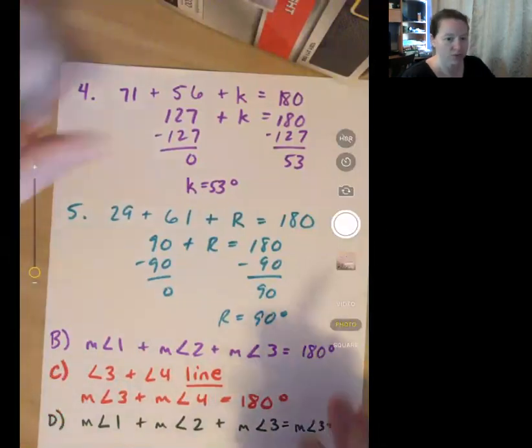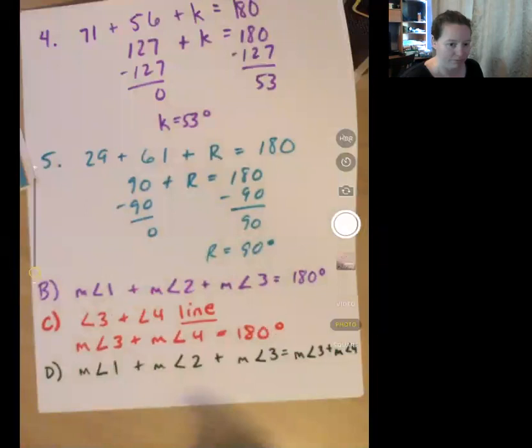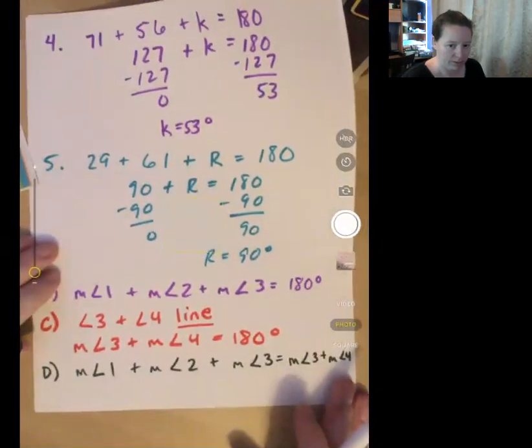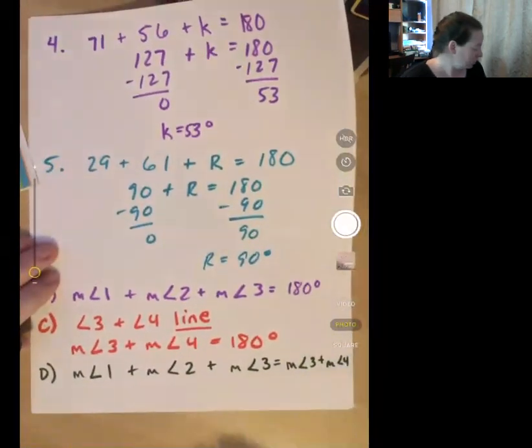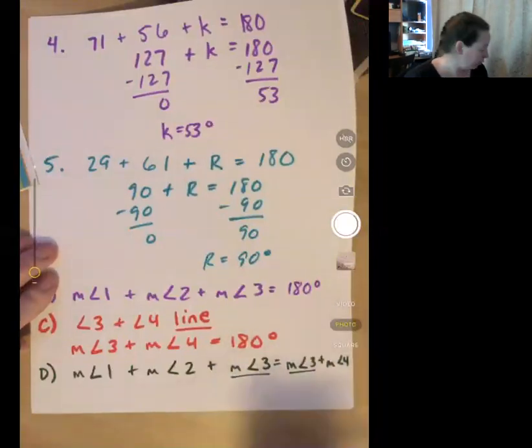Okay, so that's what it wants us to have. All right, does that make sense? So basically you were filling in the measure of angle 3 in both places.